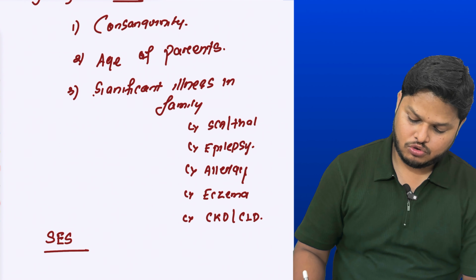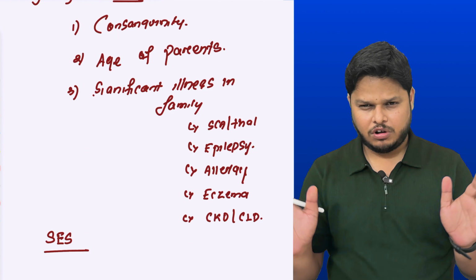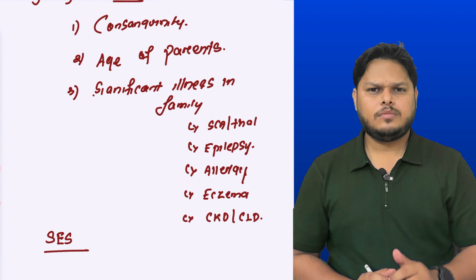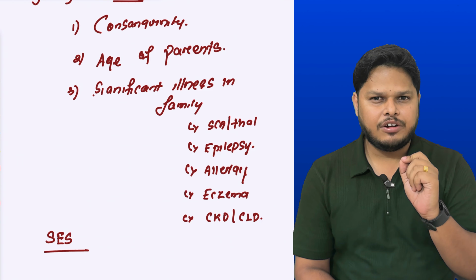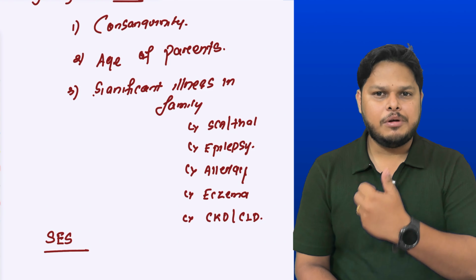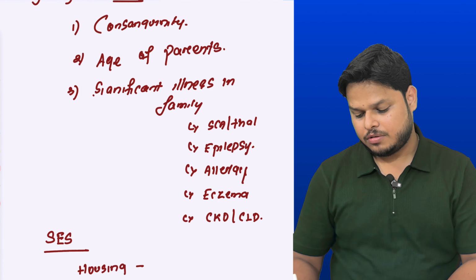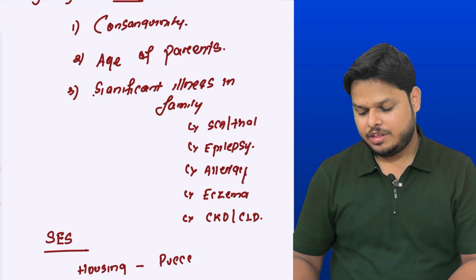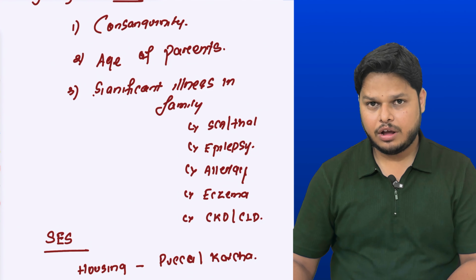Last we come to socioeconomic status. In socioeconomic status you ask the overall status of the family. That is very important in the sense that an educated family is less vulnerable to preventable diseases. So what do we ask first? Housing. Whether they live in a pakka house or a kacha house.